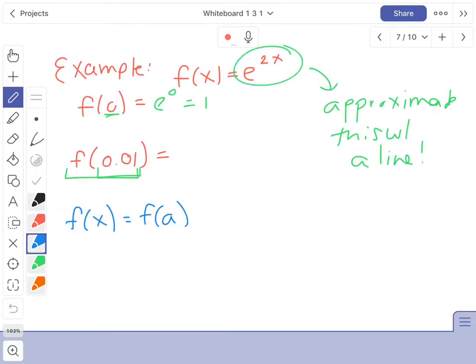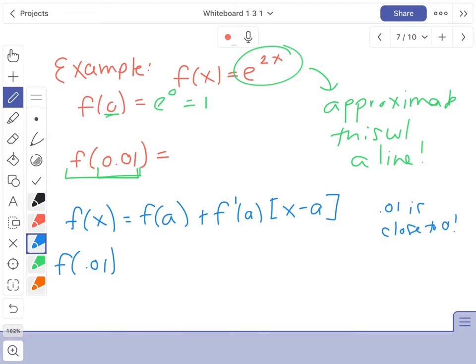So we have the value where we know, this is where we're starting, and we're going to add a small amount of change right around that point. So in this case, we're trying to find 0.01. Now, 0.01 is close to 0. So that's why we can use 0 as our a value.